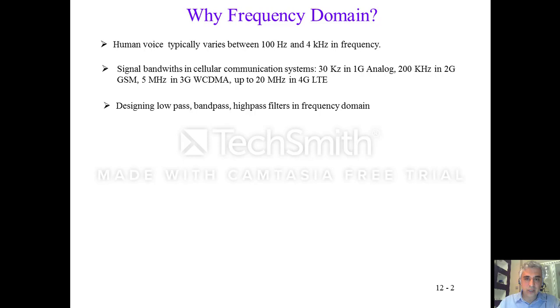Low pass filters let the signals lower than a certain frequency, such as the cutoff frequency, pass through, while suppressing the signals above this cutoff frequency. And we design the filters according to some set criteria in the frequency domain.